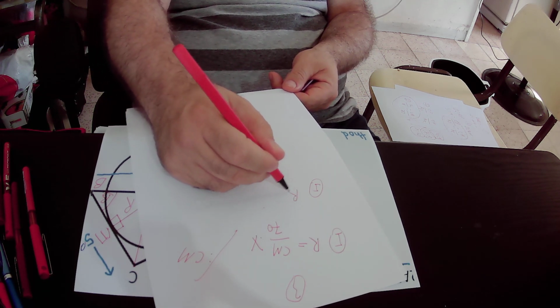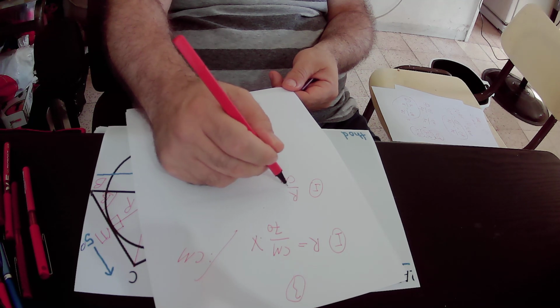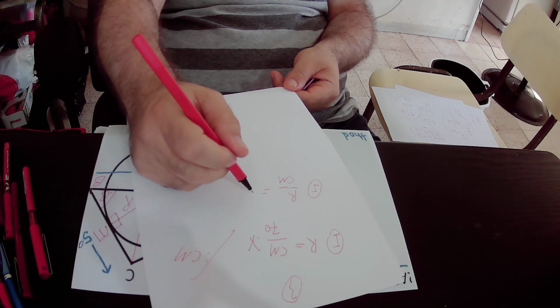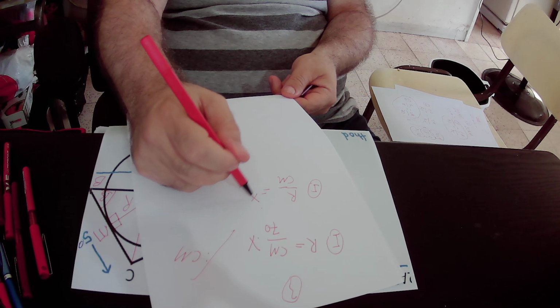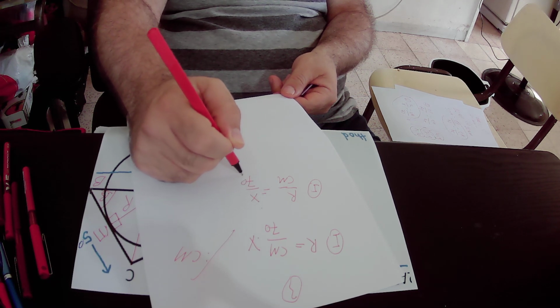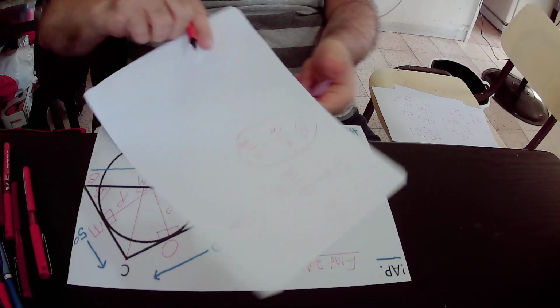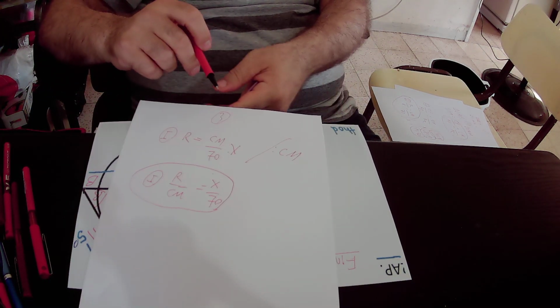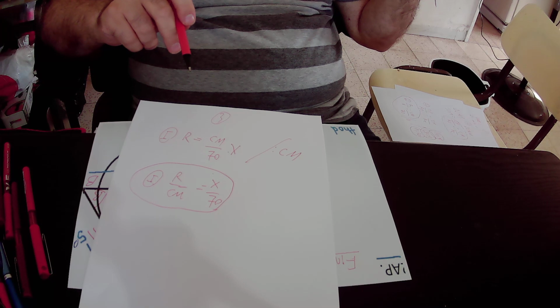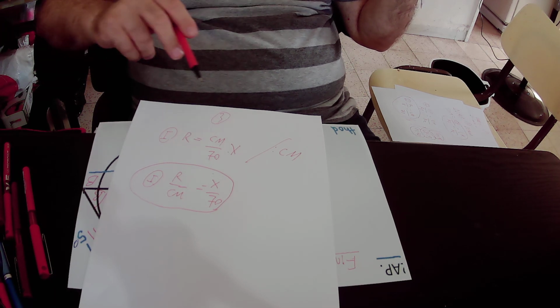So we get that R over CM equals x over 70. I'll repeat again. We divided both sides of the equation by CM.